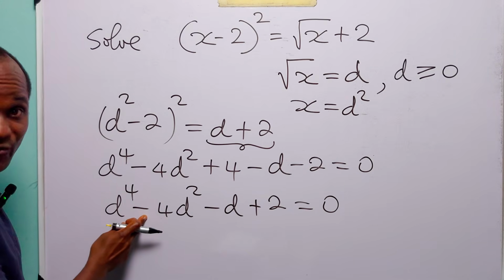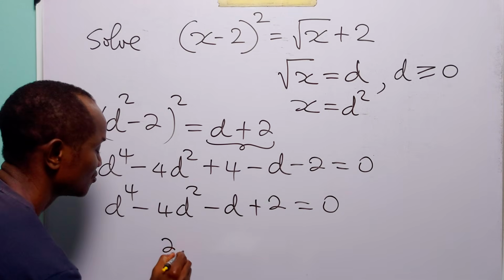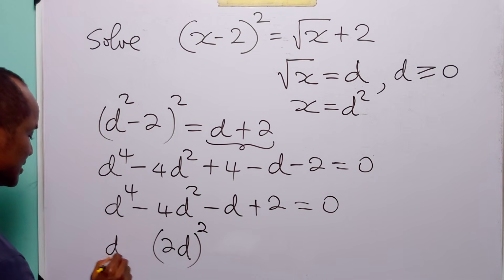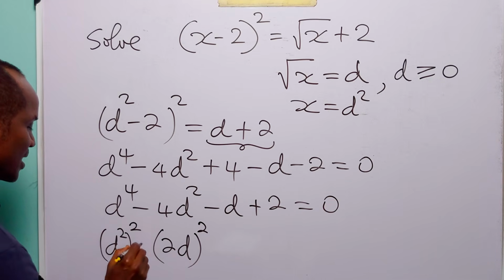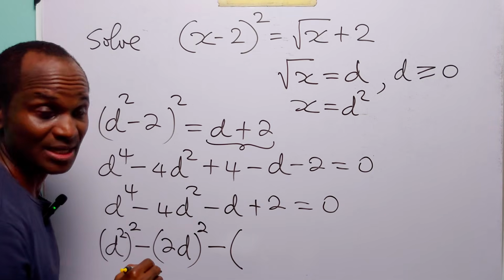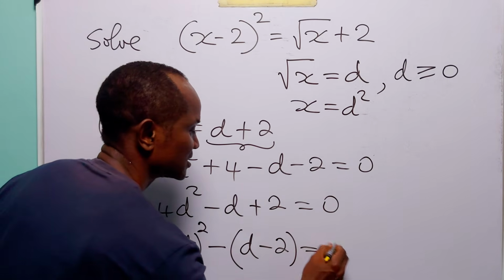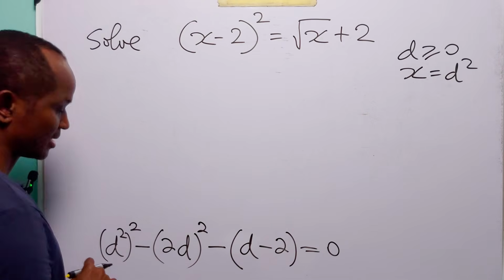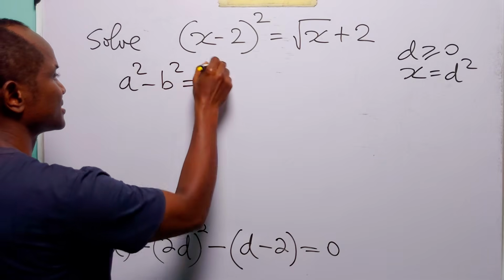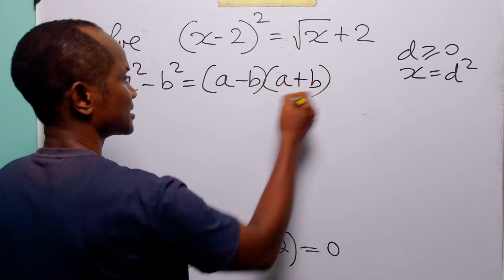But now look at these two terms. You're going to see the difference of two squares because of course you know that we can write this as d squared squared minus (2d) squared, minus, let me introduce a bracket, (d minus 2), and of course this is equal to 0. Now let us remember that a squared minus b squared is equal to (a minus b) multiplied by (a plus b).